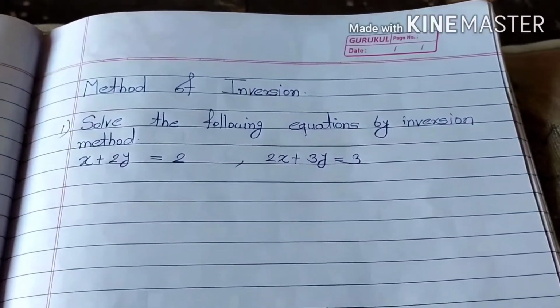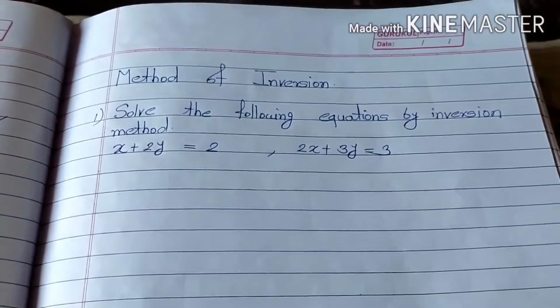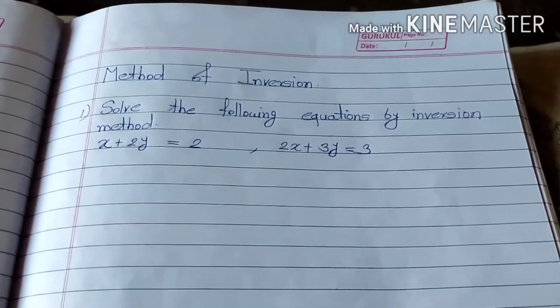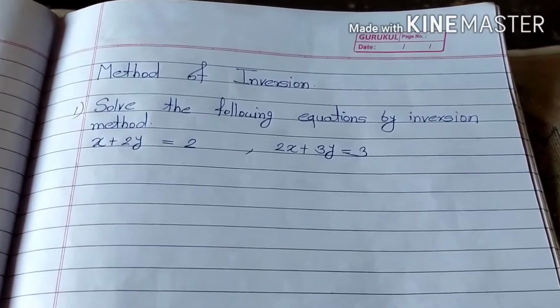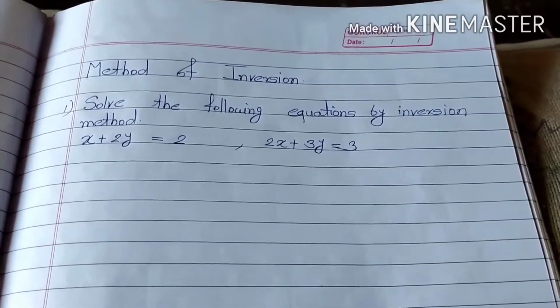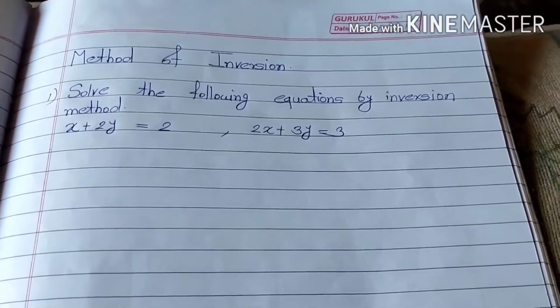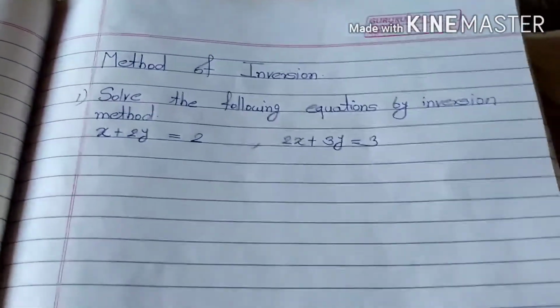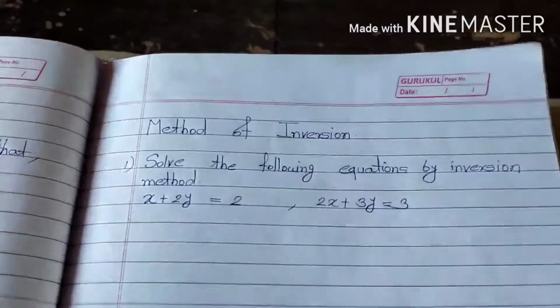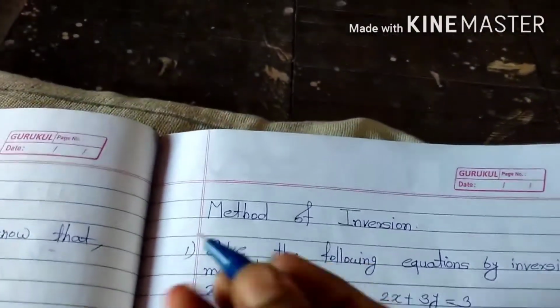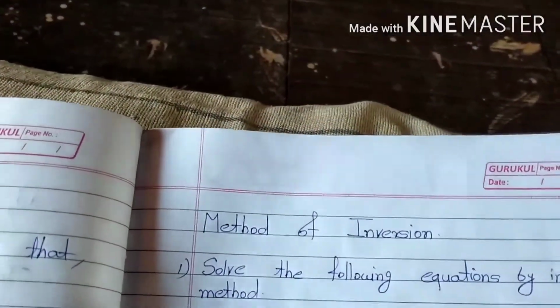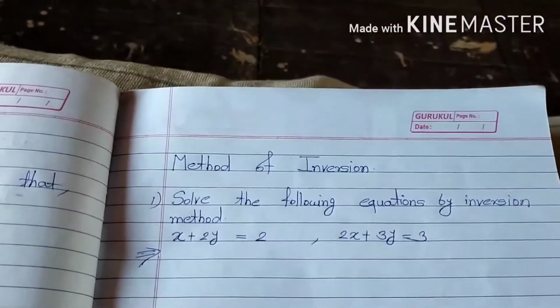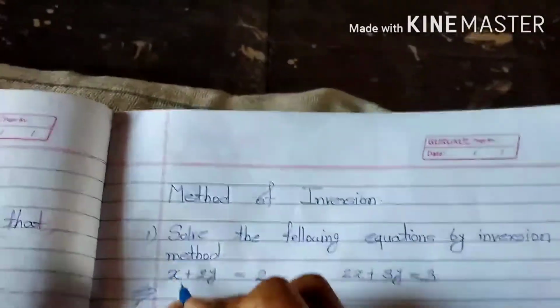Next, the method of inversion. In the previous discussion, you learned the concept of the inverse of a matrix. Now we discuss the application of matrices for solving a system of linear equations. This is a linear equation. So how can you solve it? First, find the matrix equation.